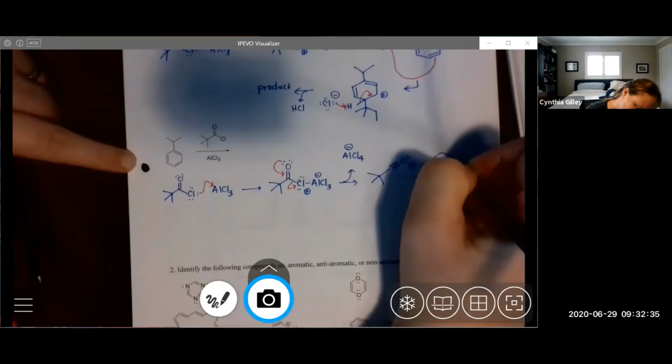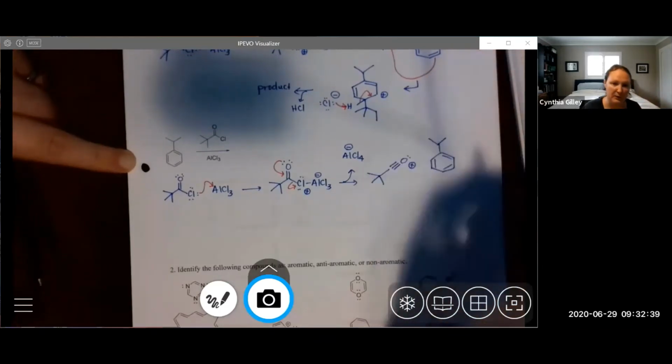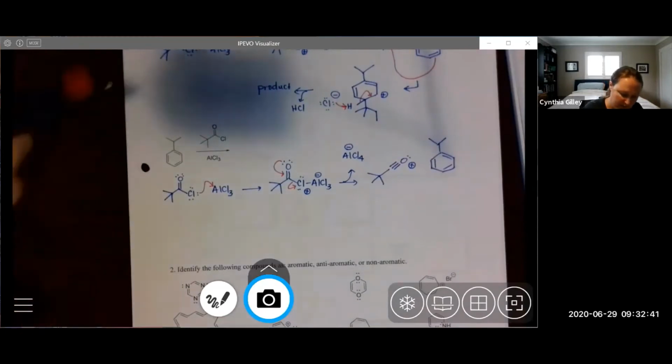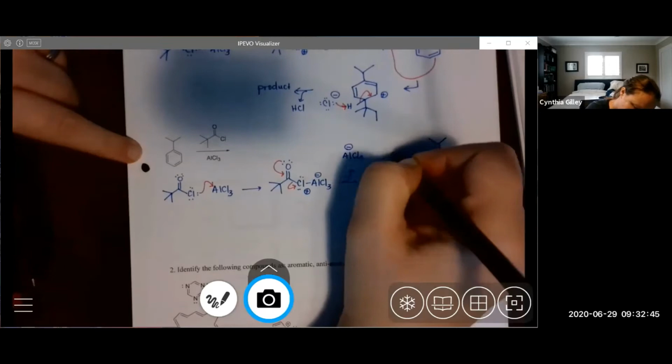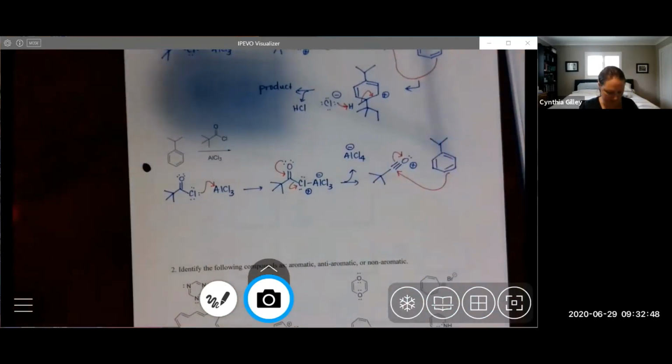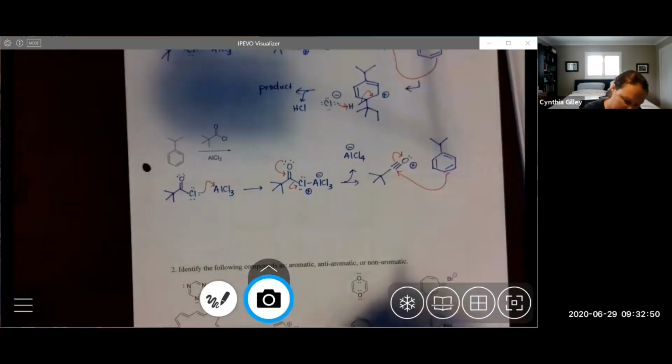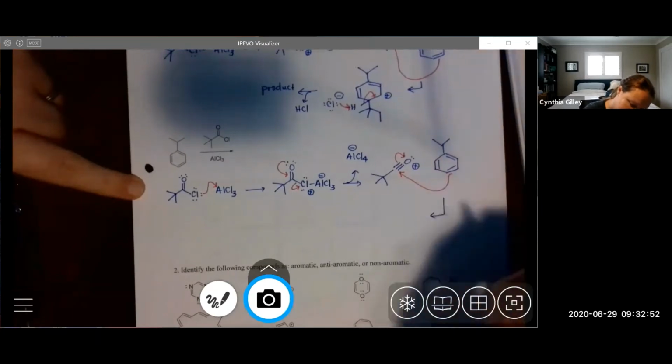Again, we are dealing with isopropylbenzene, so still an ortho-para director, directing primarily para. I'm going to have that pi bond attached to the para position.